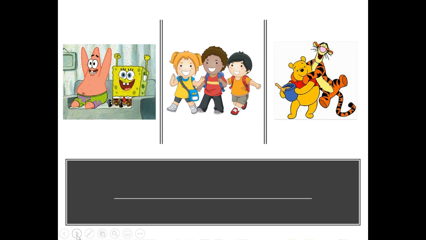They are good friends together. In the next picture, I notice three kids. They look like they're friends or pals. In the third picture, there's Winnie the Pooh and Tigger, and they are famous for being good friends. So, how are these pictures the same or similar?